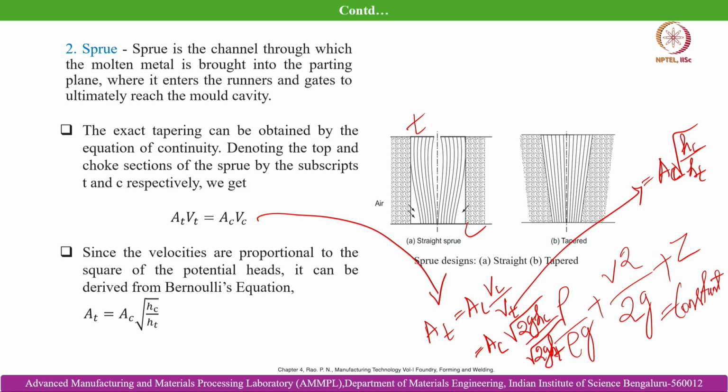Often we are dealing with tapered sprues, not straight sprues, because straight sprues cause an air aspiration effect, and that is the location where air bubbles can be entrapped within the mold cavity, which is a very significant and damaging defect. This happens due to flow separation.